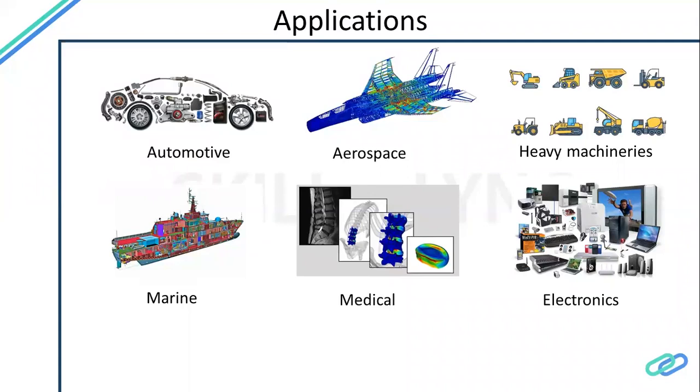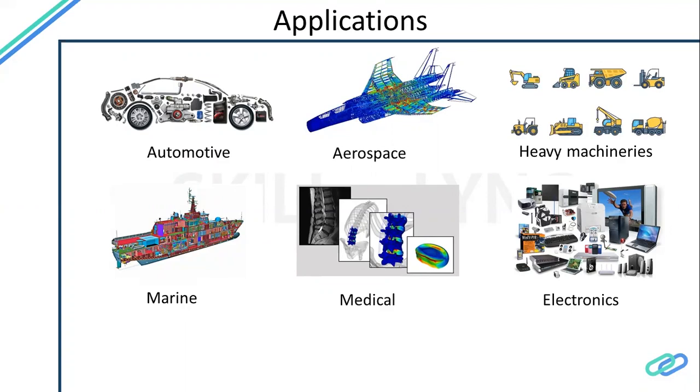So in the marine industry, in the medical industry, in electronics. The marine industry also has so many problems that can be solved by Nastran, like the maximum load that it can withstand. And in medical, there are many applications.